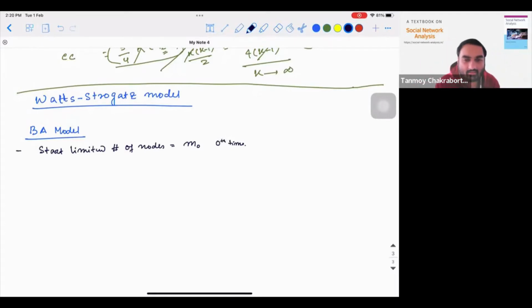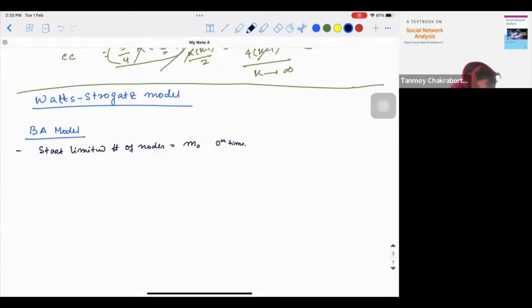You can assume there are some edges among these M0 nodes, but this number of edges is very small. You can take it into account, but when t tends to infinity, the initial number of edges doesn't matter. So let's not consider those edges in the calculation.